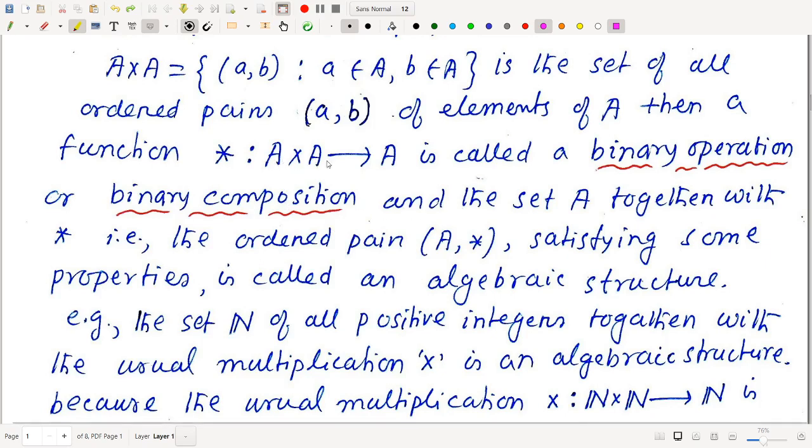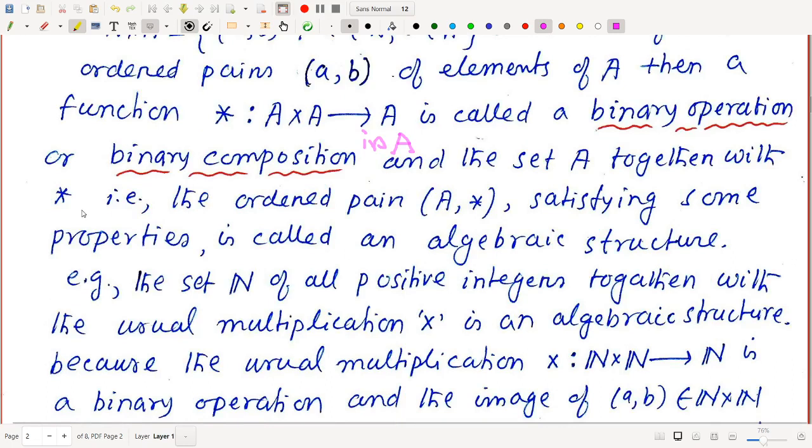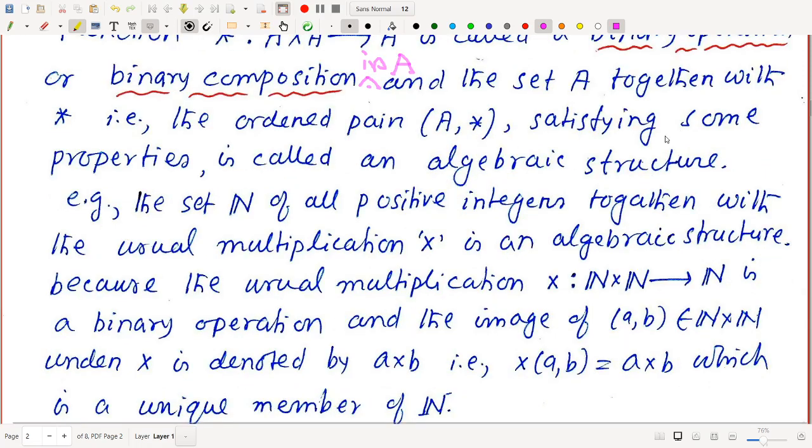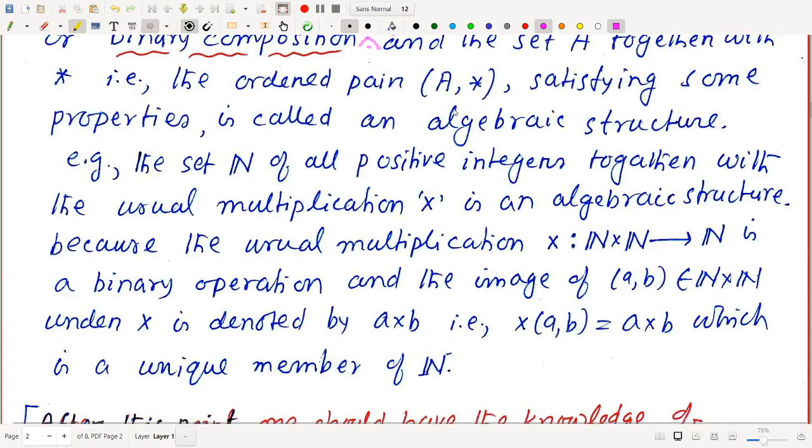So any function from A cross A to A is called a binary operation or binary composition in the set capital A. It is a binary operation in A. And the set capital A together with this binary operation star, that is the ordered pair (A, star), the set A together with star, satisfying some properties. This operation star may satisfy some properties. This ordered pair is called an algebraic structure or algebraic system.